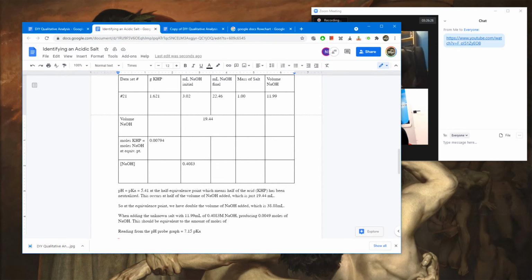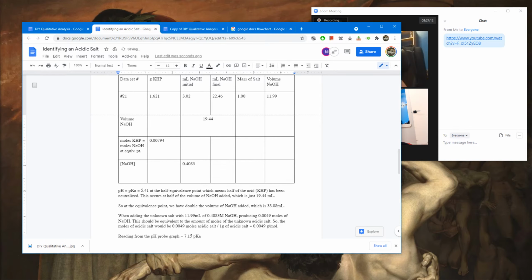Let me see. So this should be equivalent to the amount of moles of the unknown acidic salt. So the moles of acidic salt would be 1 gram divided by 0.0049 moles of acidic salt, which is equal to 0.0049 grams per mole.